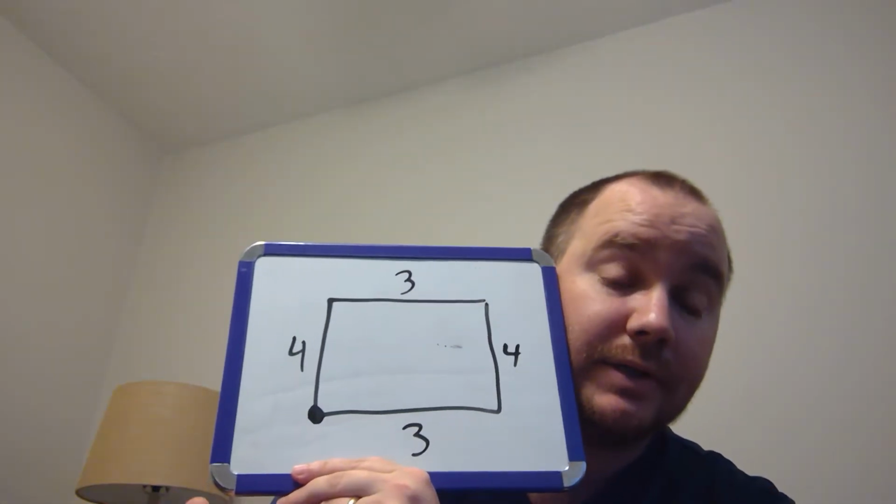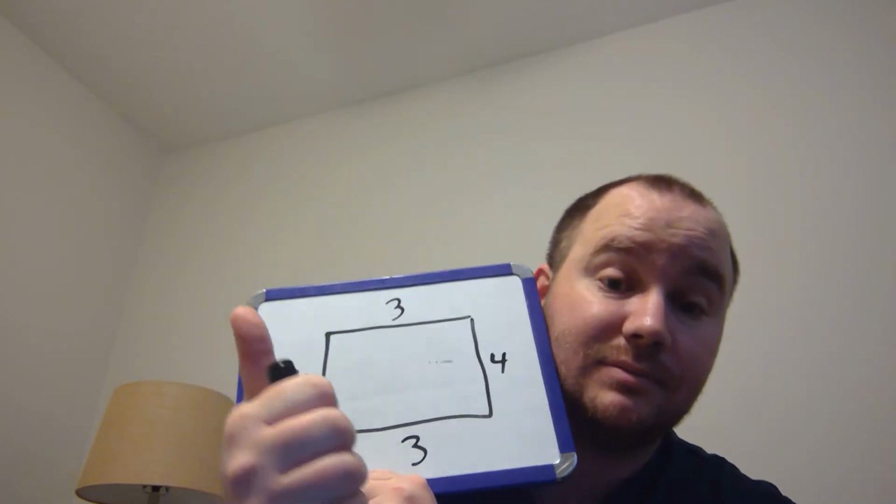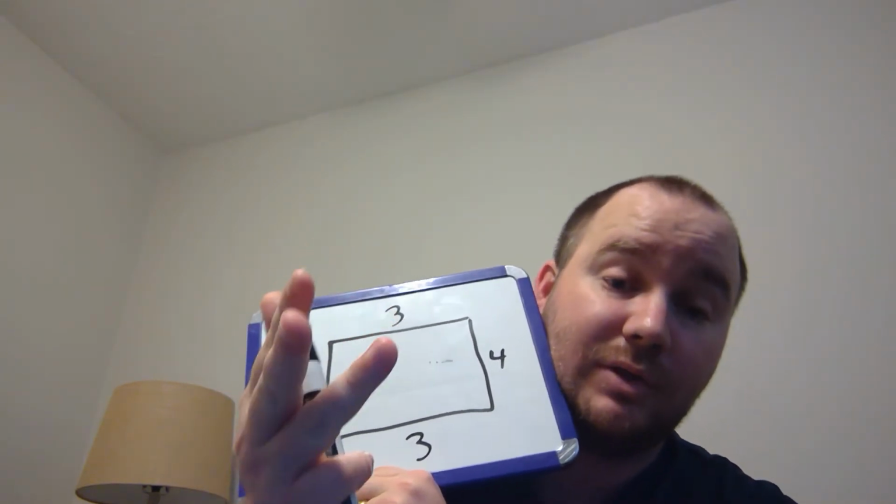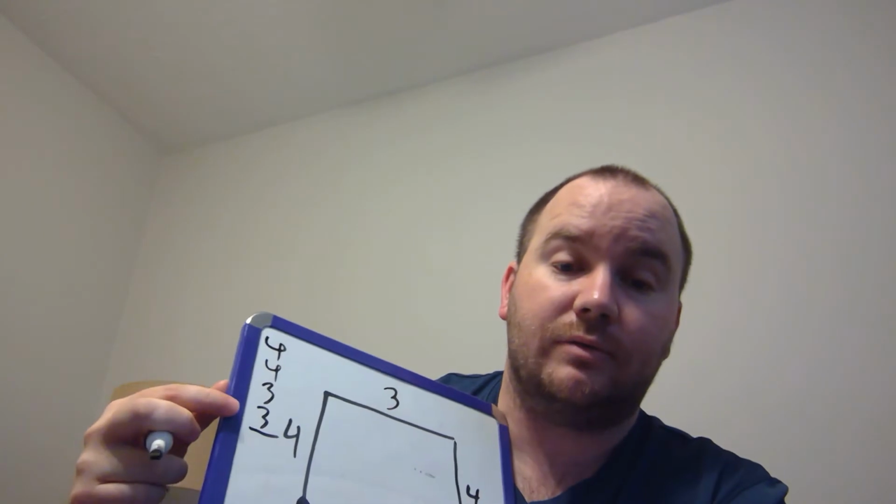Literally that's length plus width plus length plus width. So according to my great math skills, that's 4, 4, 3, 3. What's 4 plus 4 plus 3 plus 3? 4 plus 4 is 8, 3 plus 3 is 6, so 8 plus 6 is 14.